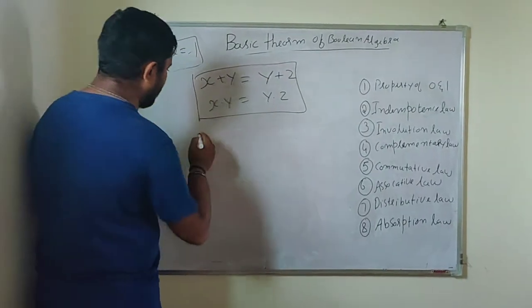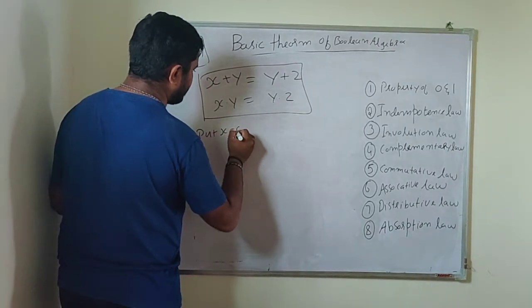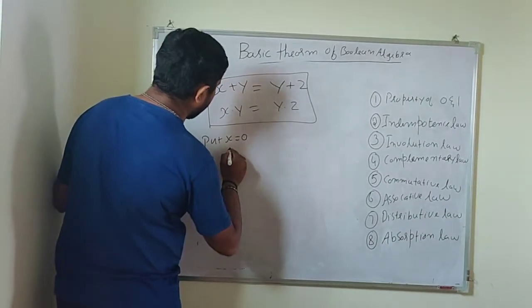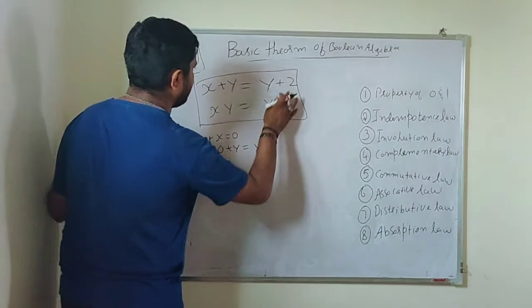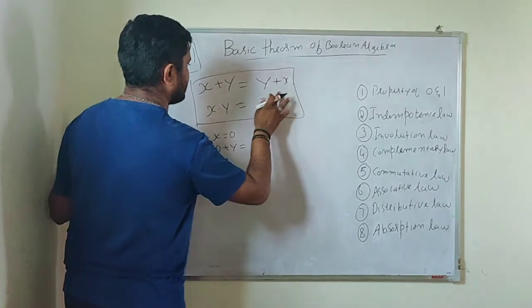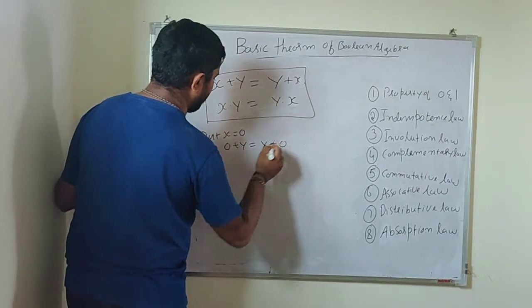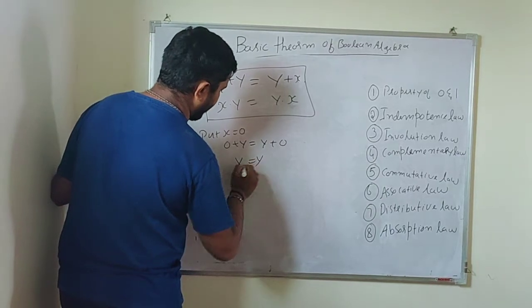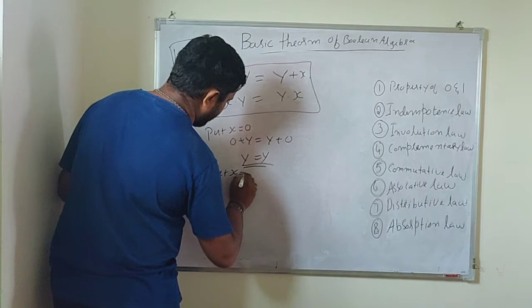You just check it out. Put x is equal to 0. So 0 plus y is equal to y plus 0, so y is equal to y. Or put x is equal to 1.